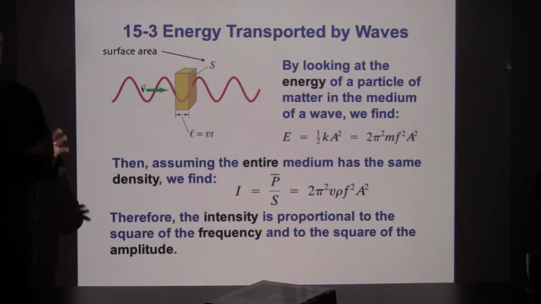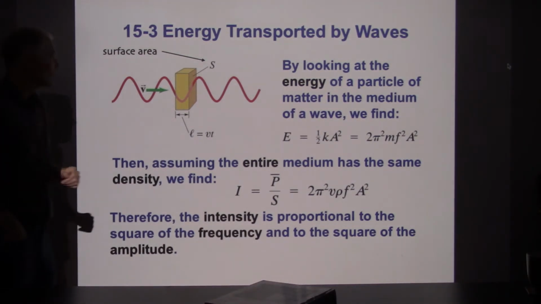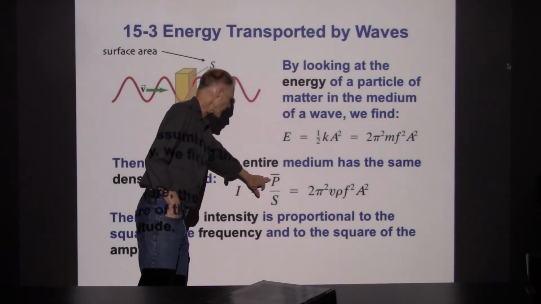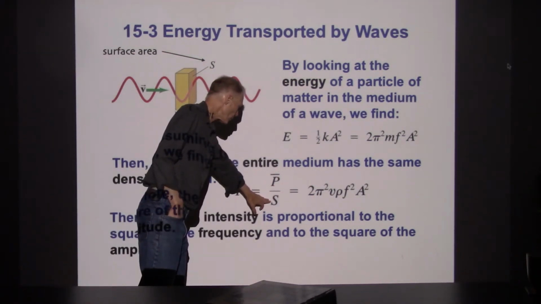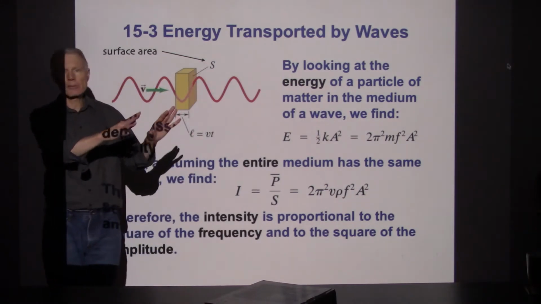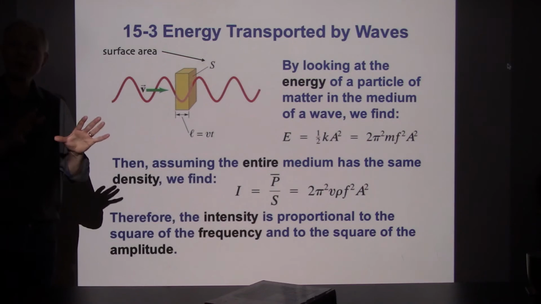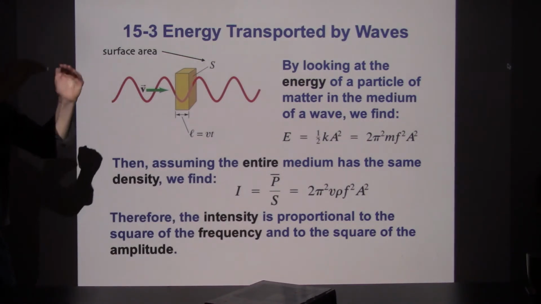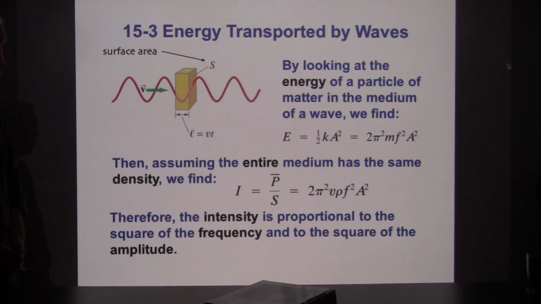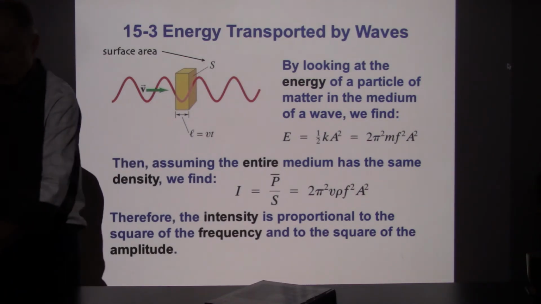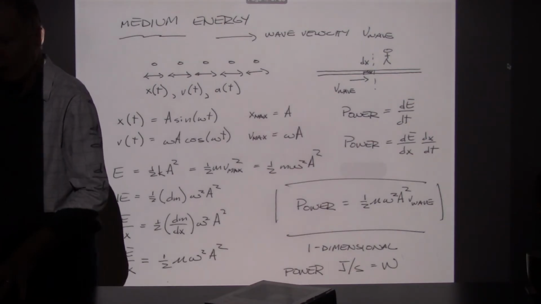And as you know, a watt is a joule per second. So how many joules per second per square meter are being transmitted? And that's what intensity is. So intensity is going to be a very important quantity to us. We're going to put it right up there with energy and power. Okay, so they're kind of introducing with this picture what we're going to mean by intensity.